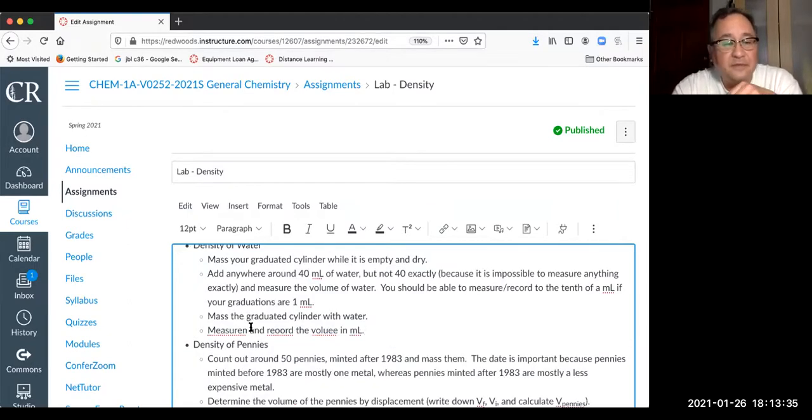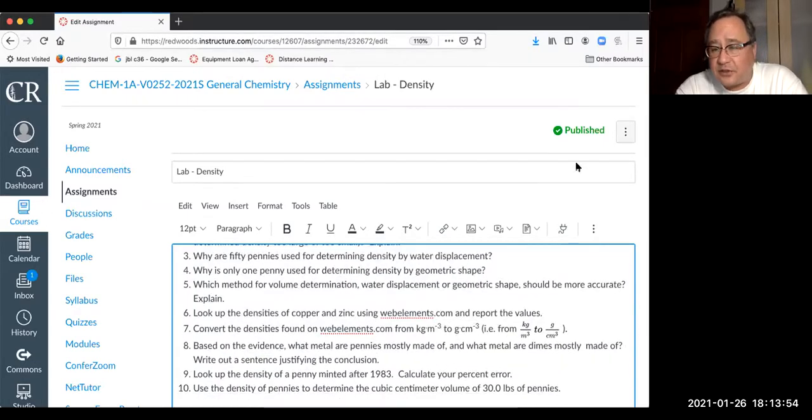Apparently I think record is spelled differently than it should be. Oh my goodness, look at all these spelling errors. Okay, so that's the picture you're supposed to take, the volume in milliliters. Okay, so now I'm going to save this, so I need to scroll down.